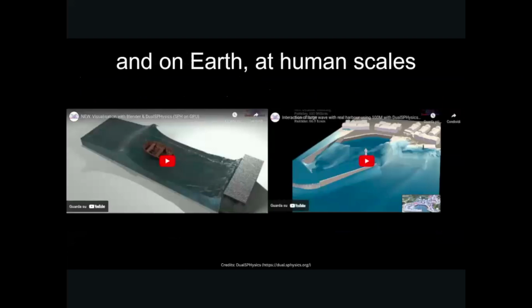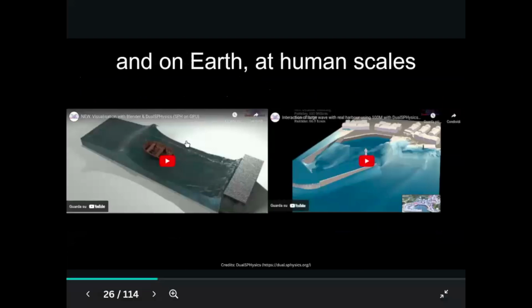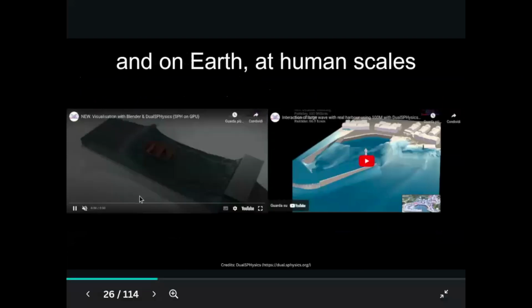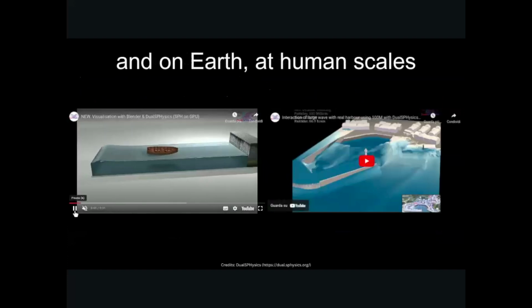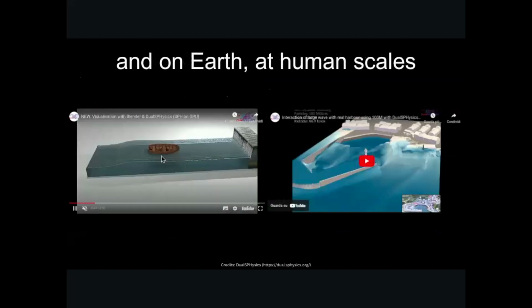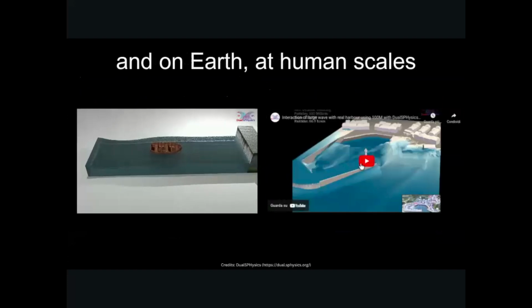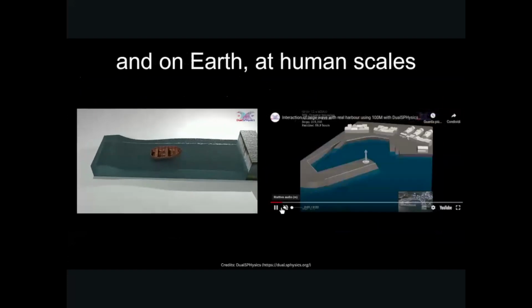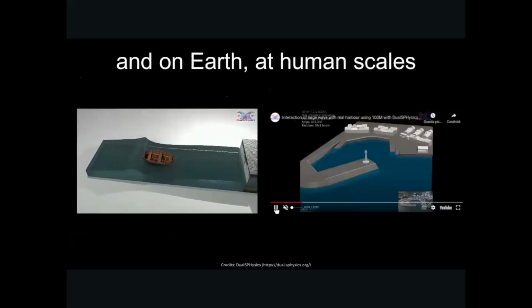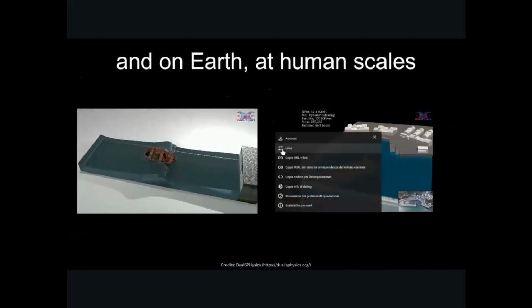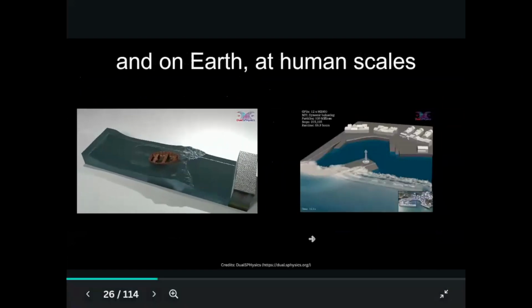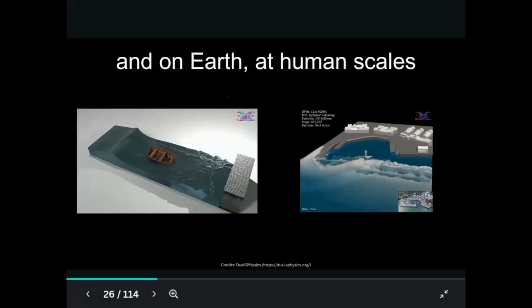But you can go also on human scales. So here I have a couple of examples that I'm going to show you, I hope. These are two examples of, let's say, engineering cases when you are interested in knowing if a wave can interact with your boat or with a harbor.